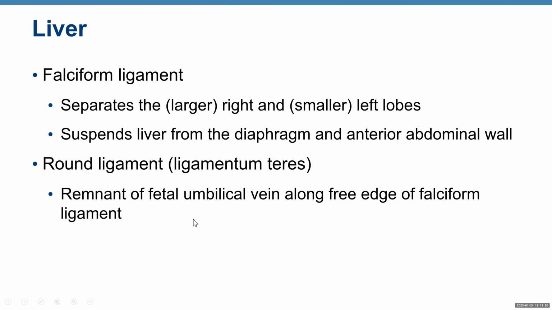So the falciform ligament separates the larger right and smaller left lobes, and suspends the liver from the diaphragm and anterior abdominal wall. And the round ligament or ligamentum teres is a remnant of the fetal umbilical vein along the free edge of the falciform ligament.